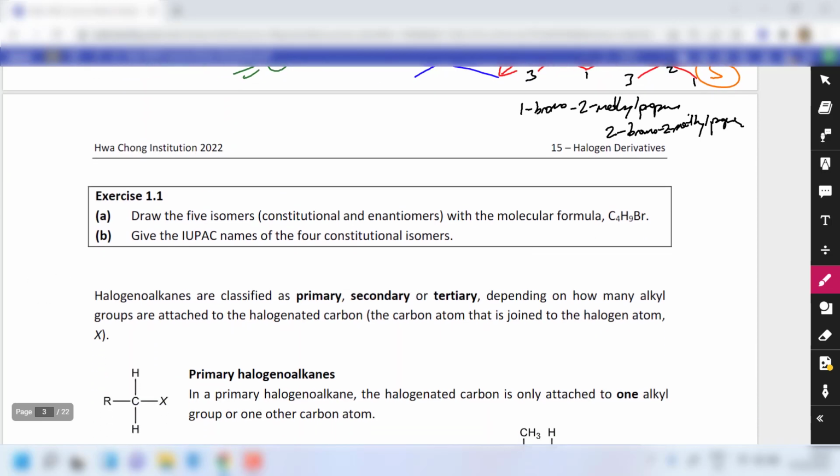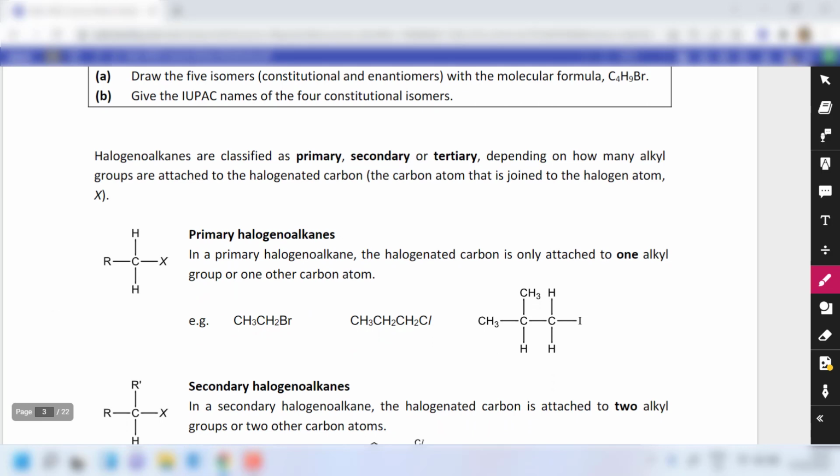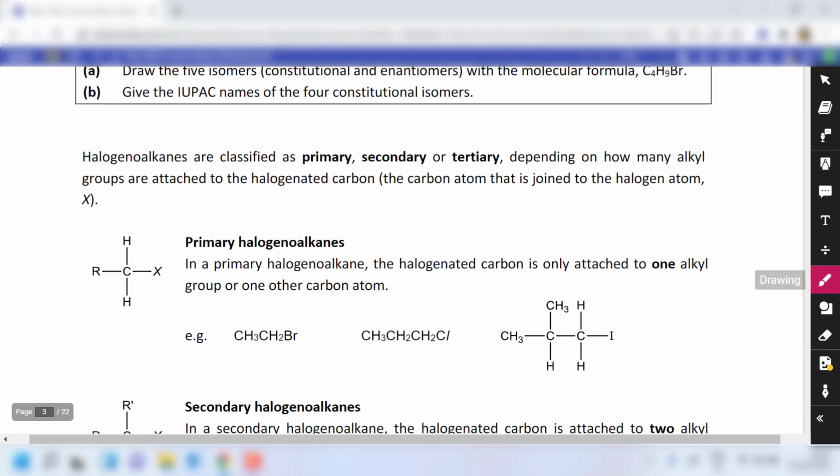Okay, so with this, we'll move on to the next portion on classifying them as primary, secondary, or tertiary. Yeah, so you might have seen from some online resources or even our own lecture notes that a primary center can be denoted by 1 degree. Secondary can be denoted by 2 degree.